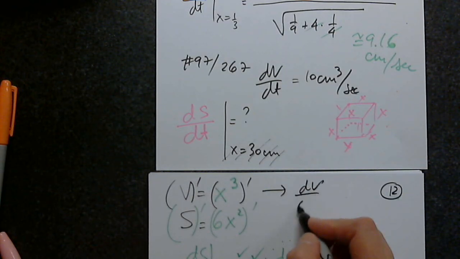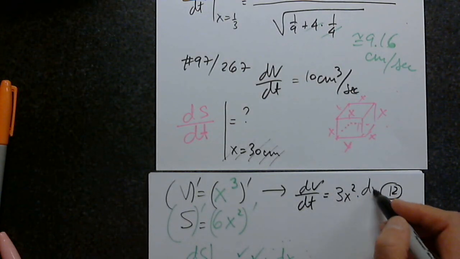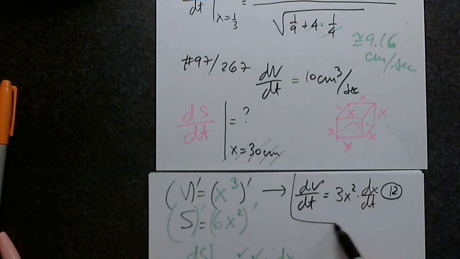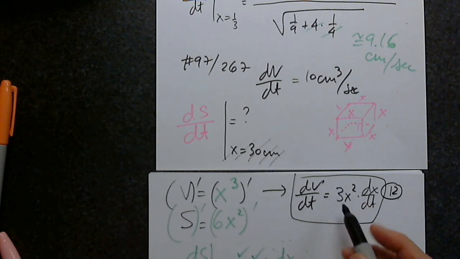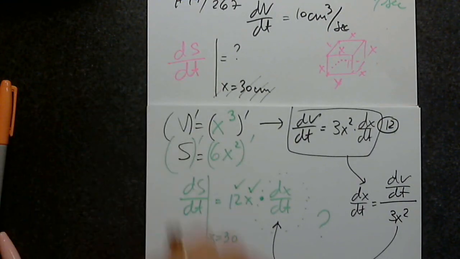And I get dV over dt equals 3x squared times dx over dt. All the information is given to us from here to determine dx over dt. I divide both sides by 3x squared. So dx over dt equals dV over dt, everything over 3x squared. And this will replace dx over dt that I don't have.